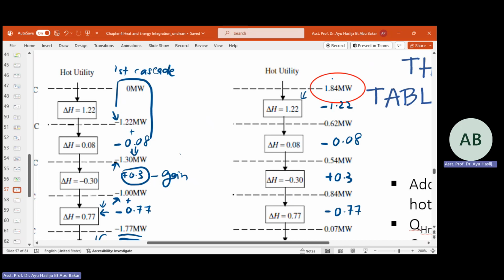Moving down the cascade, repeat the same thing. Delta H in the box positive means you need to supply. Meaning that from the energy that you have just now, here you need to supply. So minus 1.22.